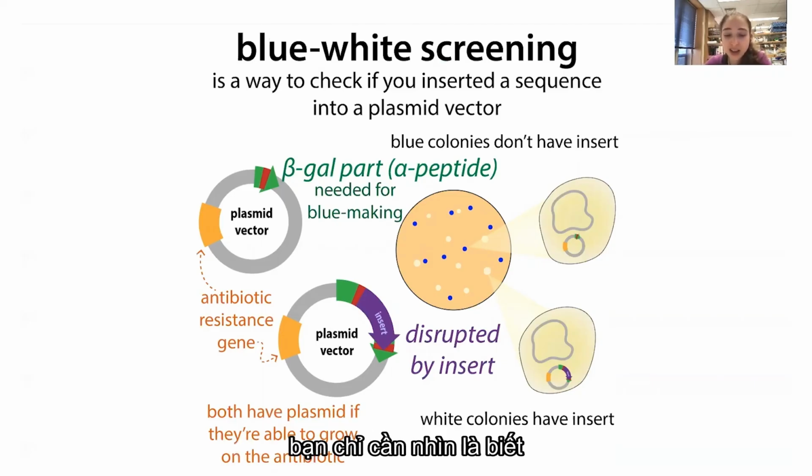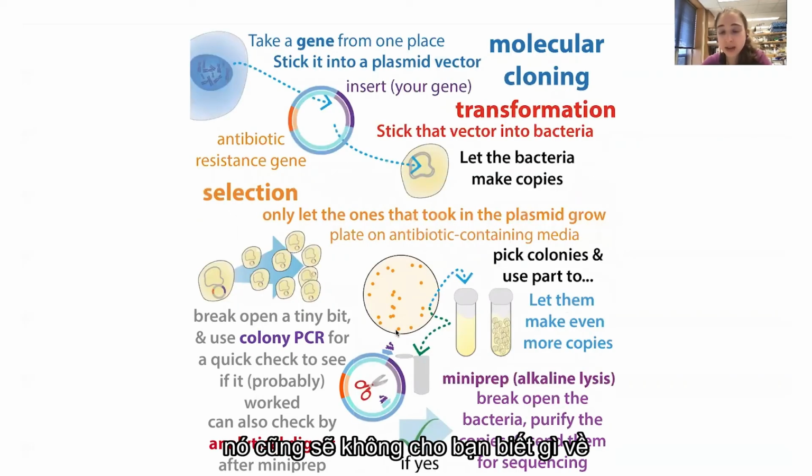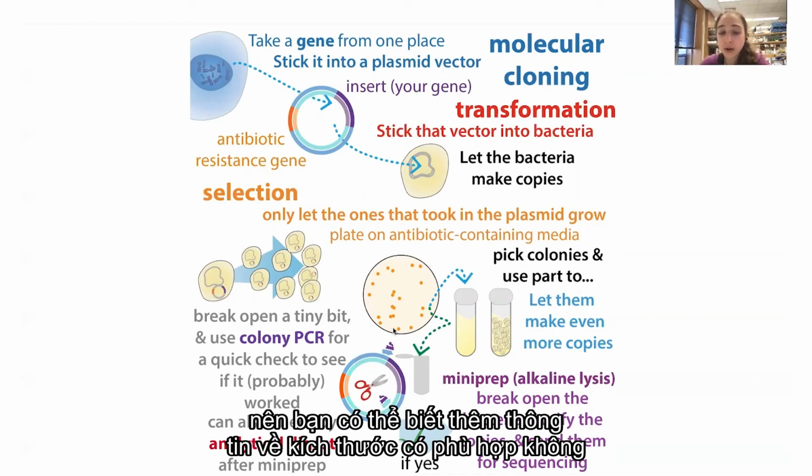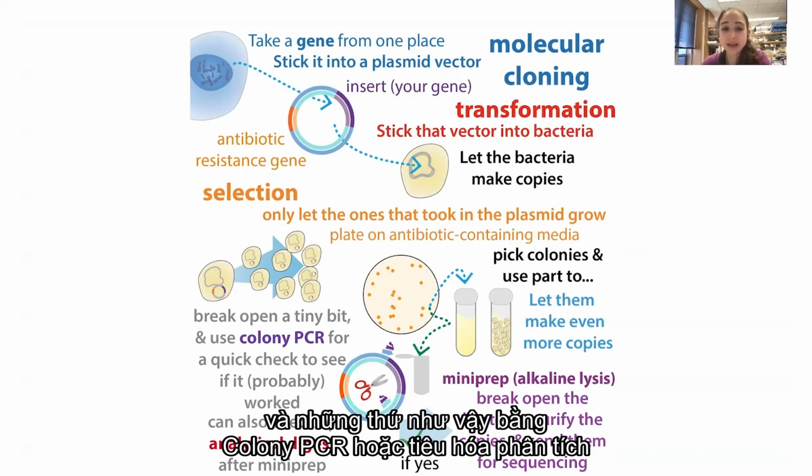What's nice about this screening is that it's a visual look. You don't have to do any work. But it also isn't going to tell you anything about the size of the insert. You can get more information about whether the size looks good with colony PCR or an analytical digest.